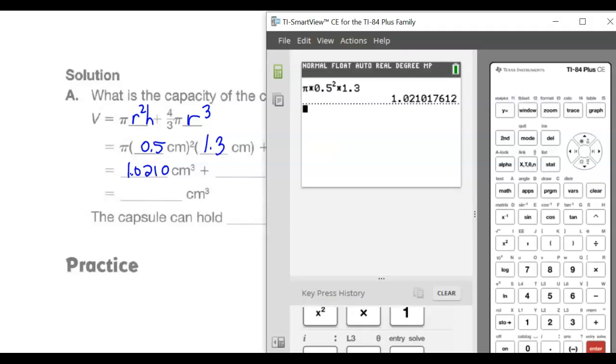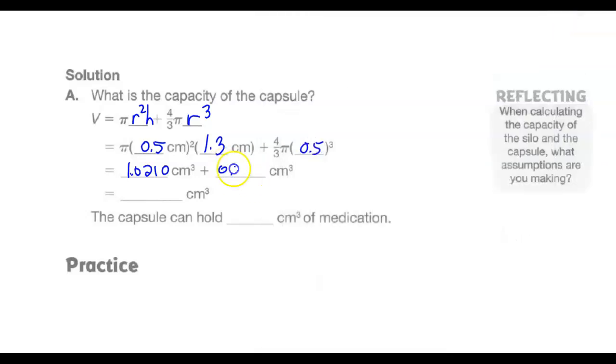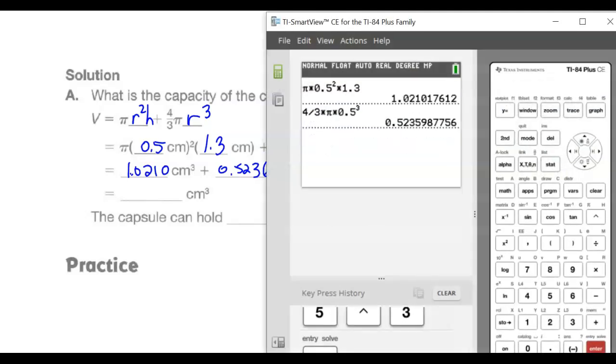Then 4 divided by 3 times pi times radius 0.5 cubed, 0.5236. And then add those together. So that last one plus 1.0210 is 1.5446.